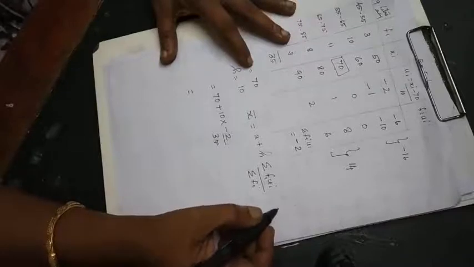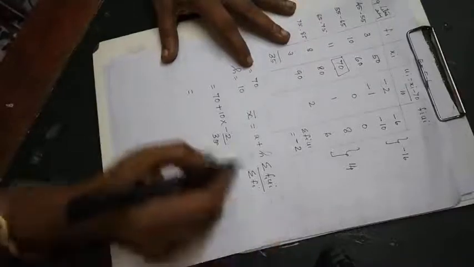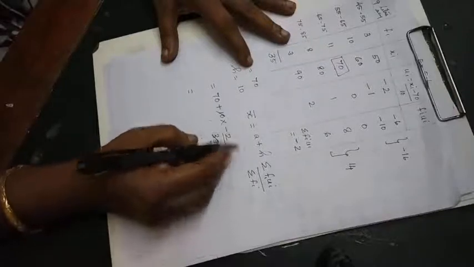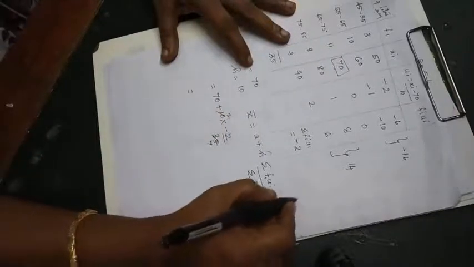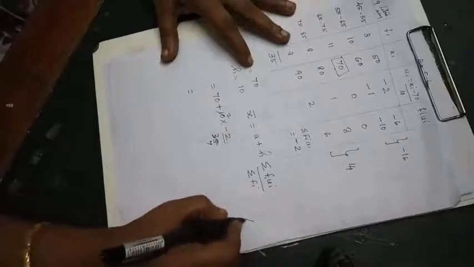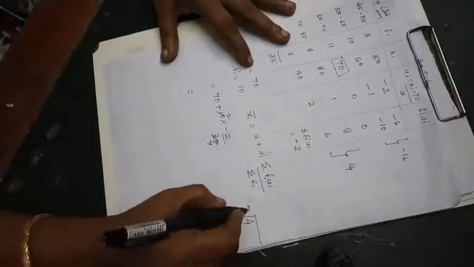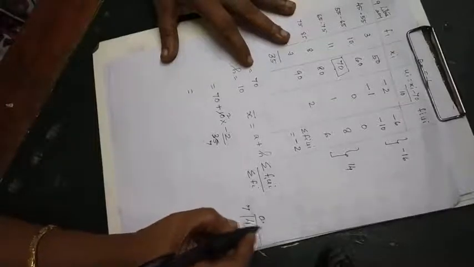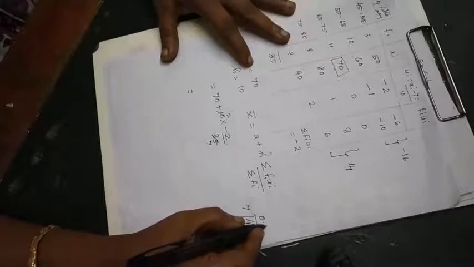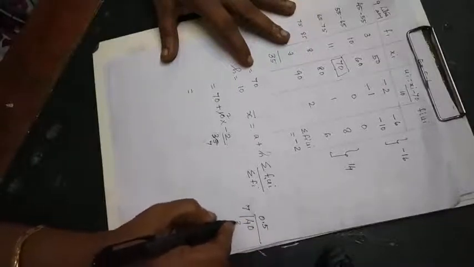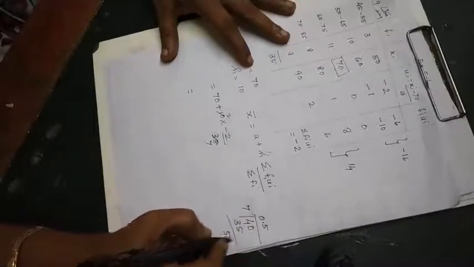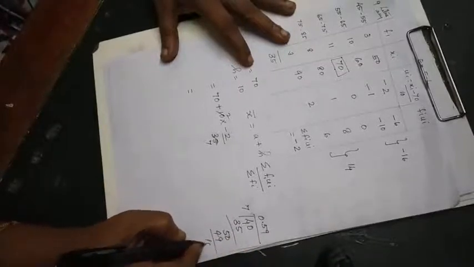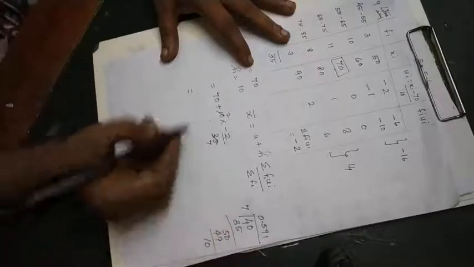You can divide this one by 5, so negative 4 by 7 you will get 0.571, like that it will go.